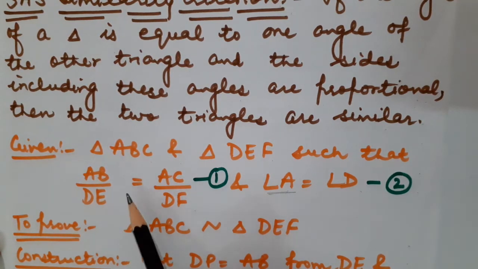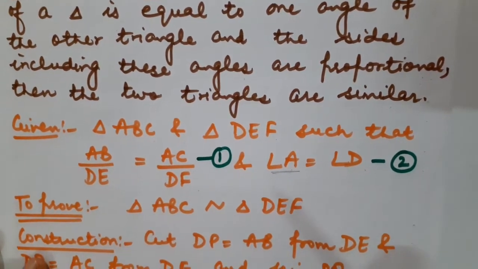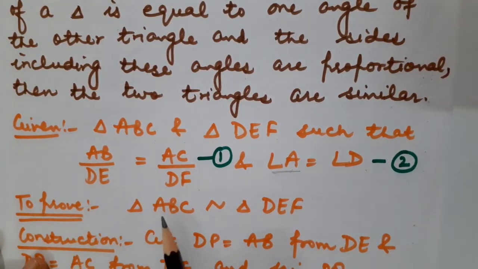Fine. And angle D is nothing but the included angle of sides DE and DF. Fine, children? Okay, now what do we have to prove? We have to prove that triangle ABC is similar to triangle DEF.